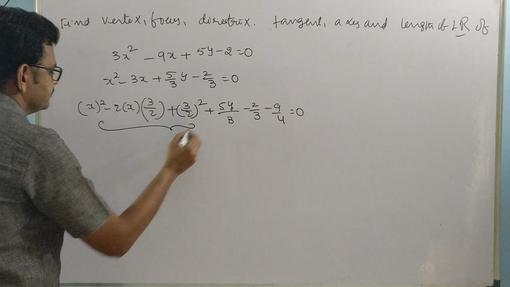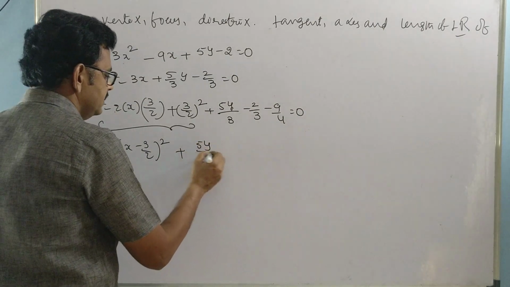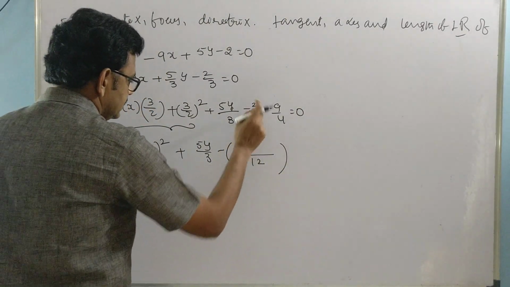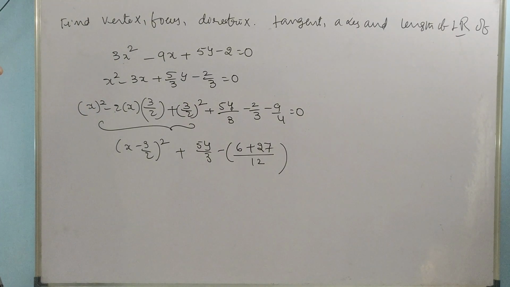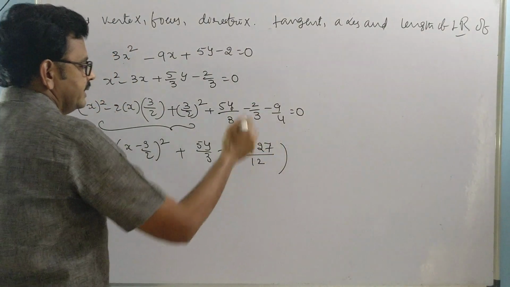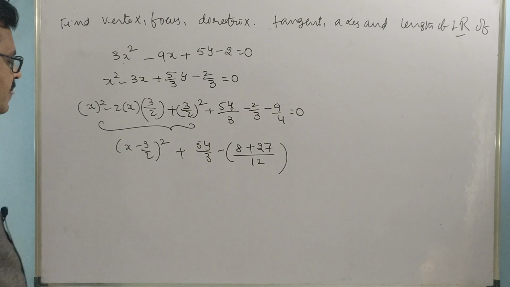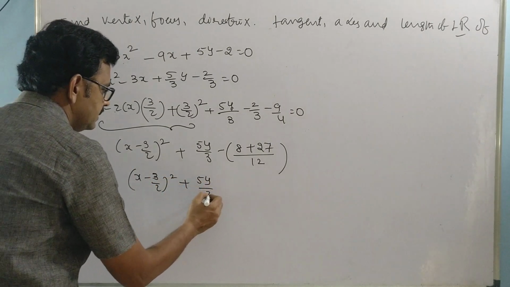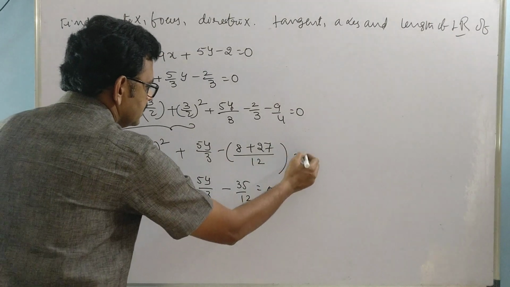So this is (x minus 3 by 2) whole square plus 5y by 3 minus, LCM is 12, so this is 8 minus 27, which is 35 by 12, equal to 0.